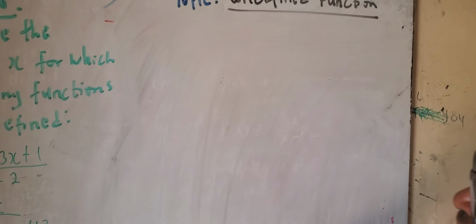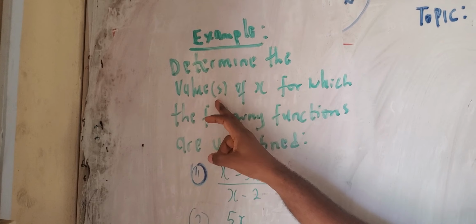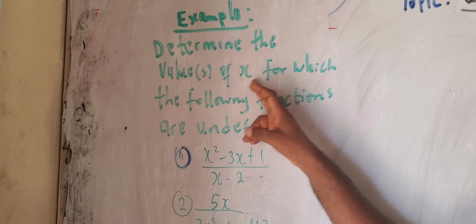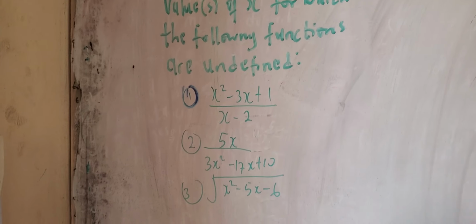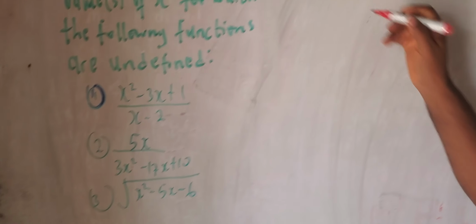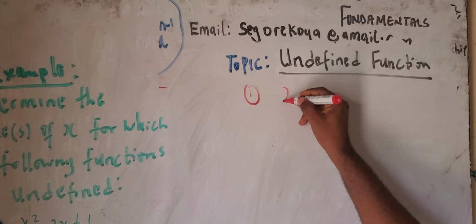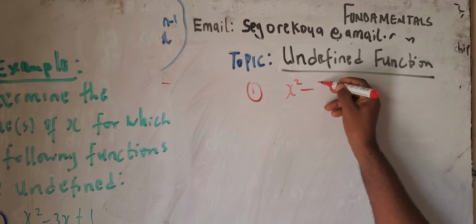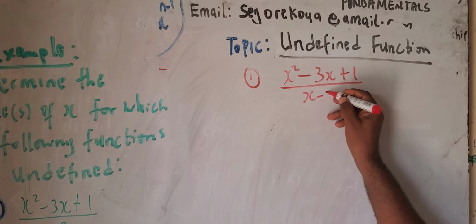Now, let's consider this particular problem. The problem says determine the values of x for which the following functions are undefined. We are given these three functions. So let's start. For function number 1, we are given x squared minus 3x plus 1 divided by x minus 2.